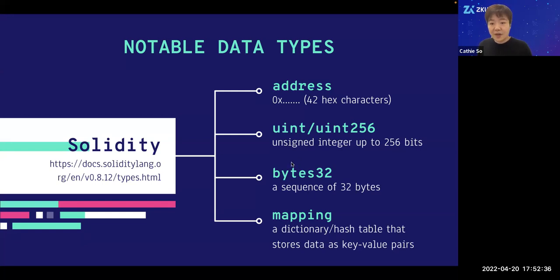Then we have almost the equivalent of uint256, which is bytes32. It's a sequence of 32 bytes. You can think of bytes as just the uint in hexadecimal form. So for example, let me show you.